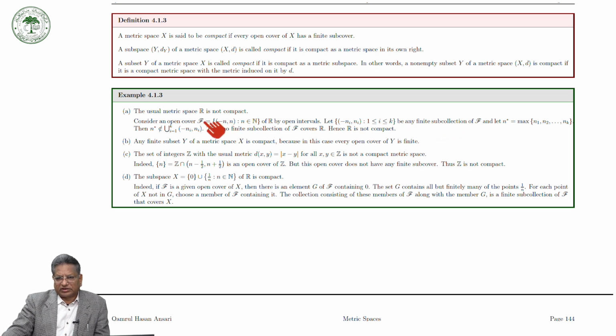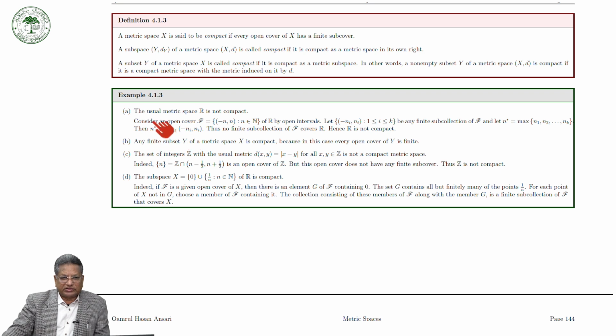Let n* be the maximum of n_1, n_2, ..., n_k. Then n* will not be in the union of the open intervals (-n_i, n_i), because it is the maximum.